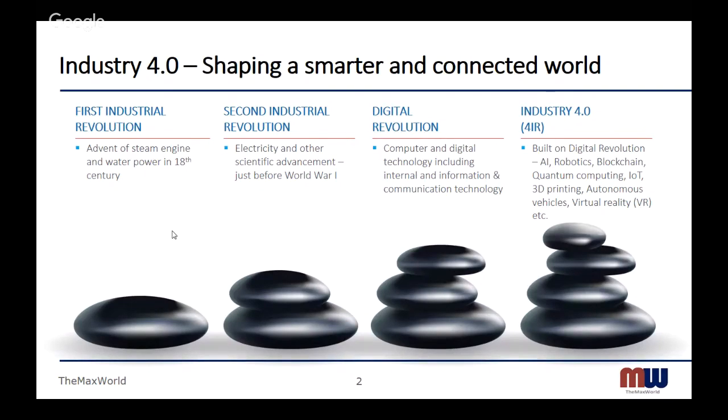We are talking about artificial intelligence, robotics, blockchain, quantum computing, IoT, 3D printing, and a lot of noise about autonomous vehicles, virtual reality, augmented reality, and so on. If you look at the trend, the time gap between the first, second and third was larger than between the third and fourth.